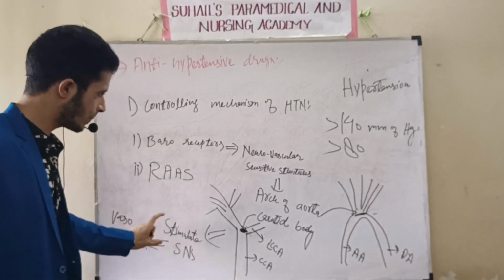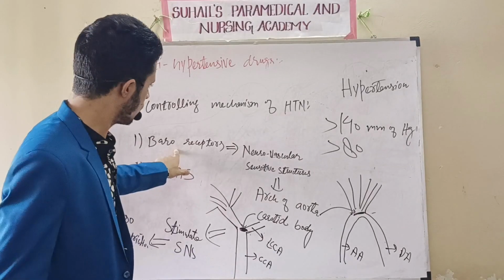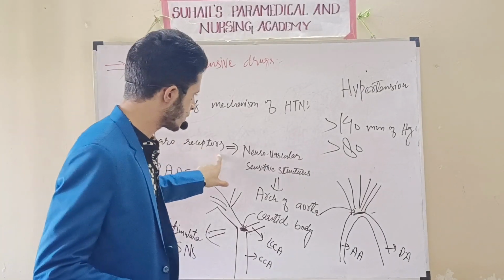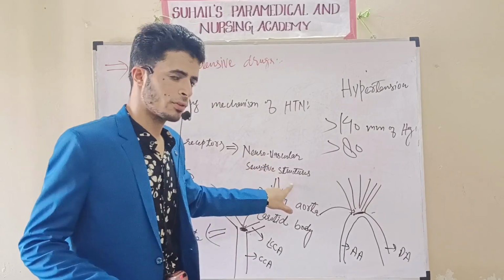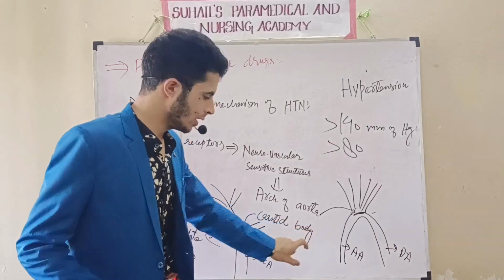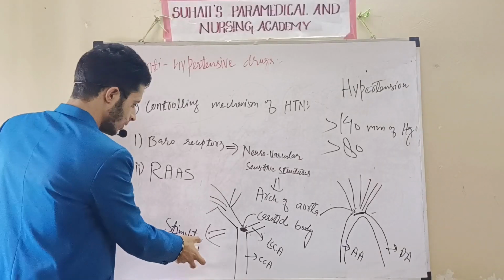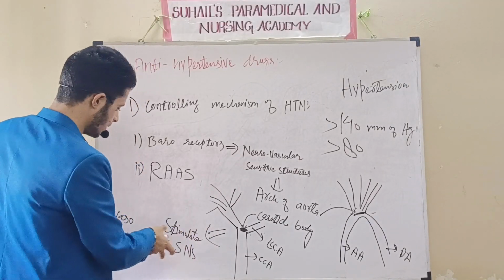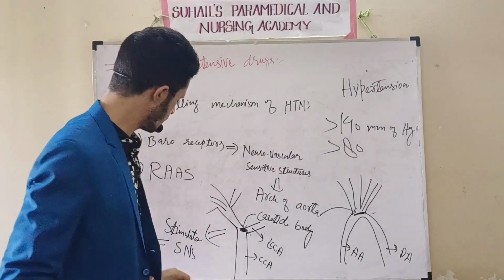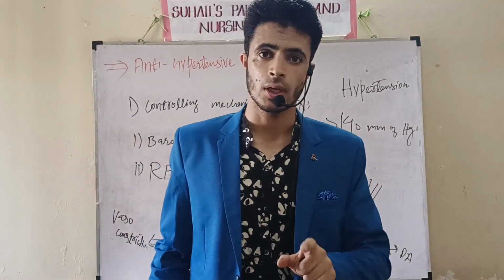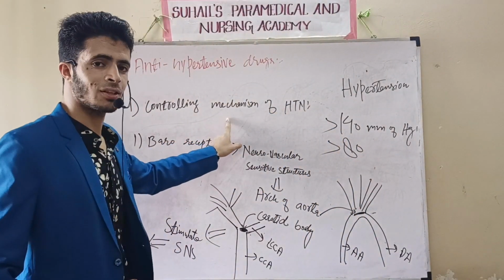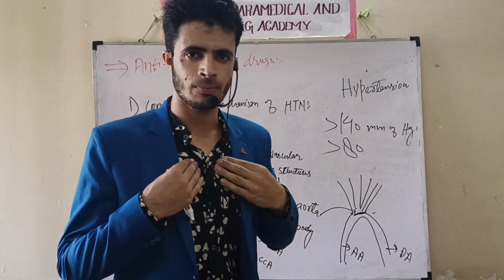The decreased blood pressure will activate the baroreceptors, which are neurovascular sensitive structures present at the arch of aorta as well as at the carotid body. When these bodies stimulate the sympathetic nervous system, there will be vasoconstriction. This is the mechanism of controlling hypertension normally in our body.